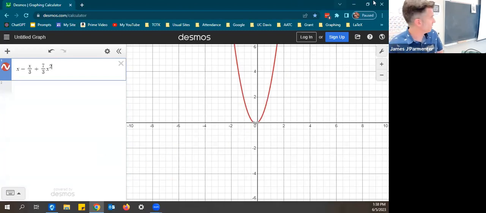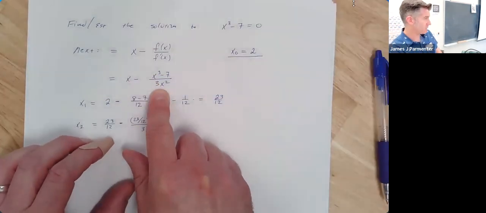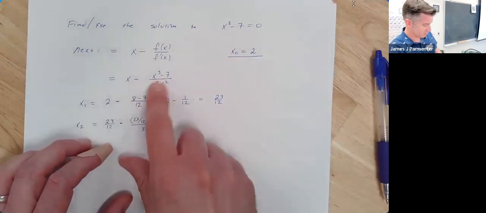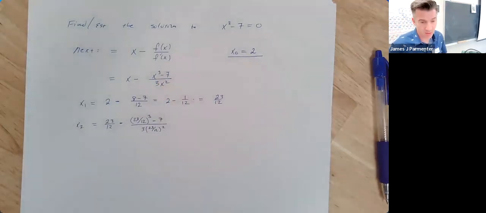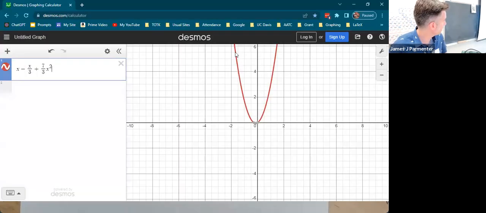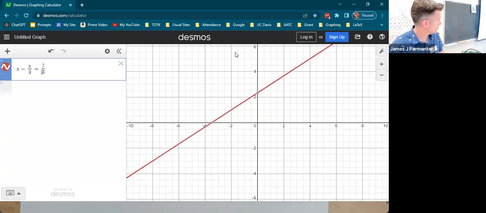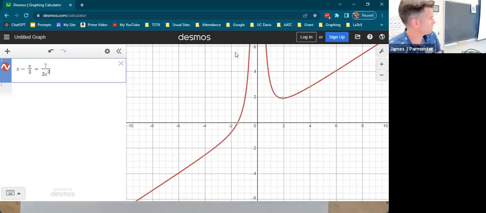But I want to point out to everybody, this literally is the same thing. I've got x and then x cubed over 3x squared. The x squared cancels, you get an x over 3. And then a minus 7 is a plus 7 over 3. Oh, I did make a mistake. It's a small mistake, but it's a big mistake. That x squared is in the denominator. That's what this thing looks like.